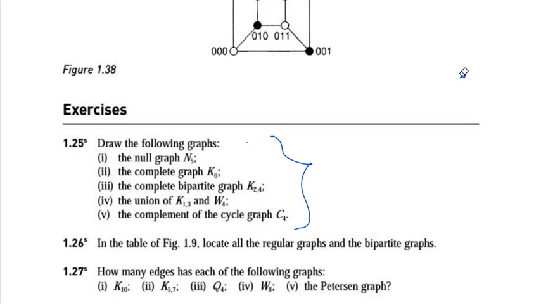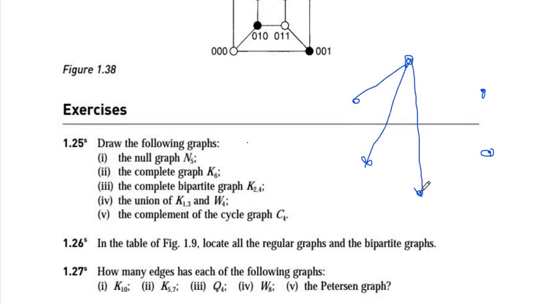Then the complete graph K6. This is 1 2 3 4 5 6. Each vertex is connected with each vertex, like this.